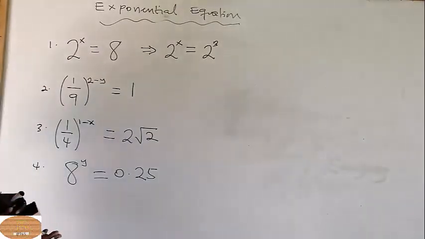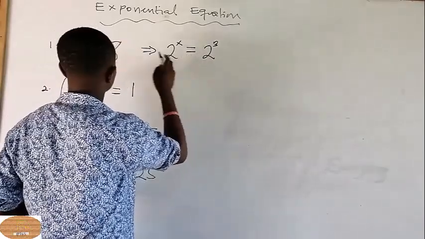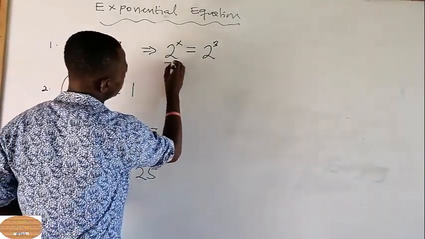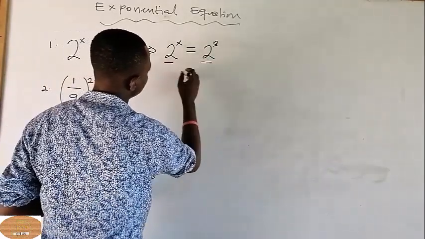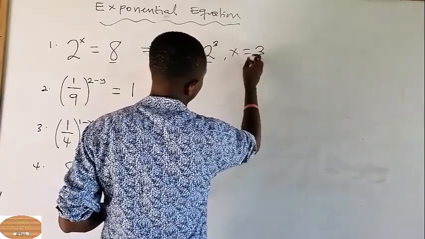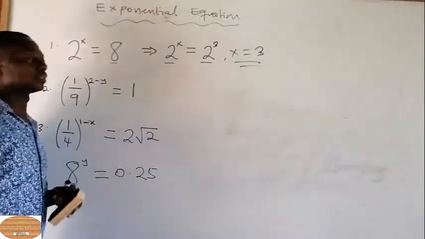This one is 8, and this one is also 8 because 2 to the power 3 is the same as this. Now that we have equal bases, I can conclude that x is straight away 3. So x equals 3 for this one.